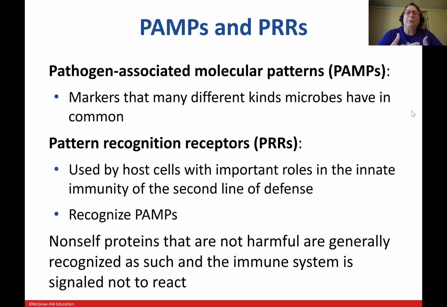Those pattern recognition receptors are used by those host immune cells in the innate recognition of pathogens. So it's part of that second line of defense, and its purpose is to recognize those pathogen-associated molecular patterns, those proteins and sugars that do not belong to our body.